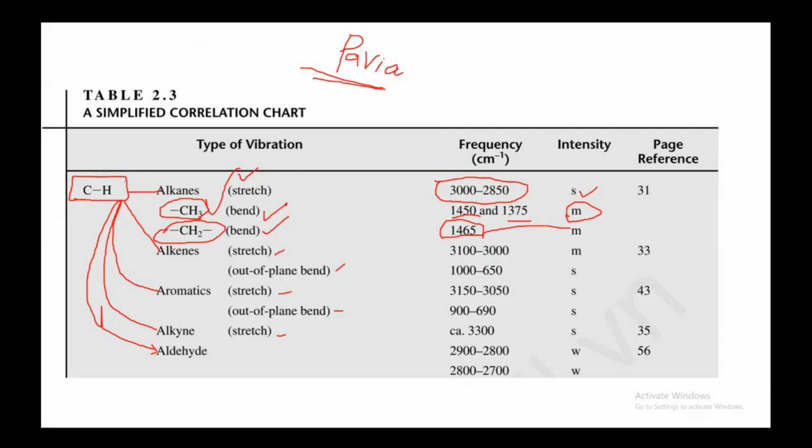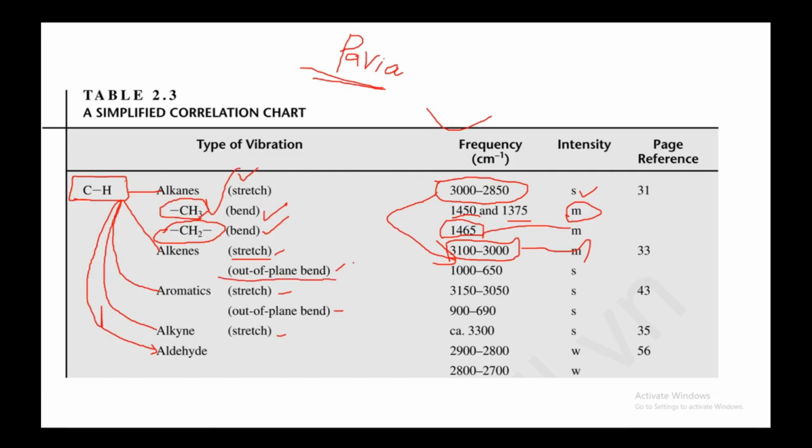You look for a stretching peak in the region from 3100 to 3000, and if the peak intensity is medium, then this is due to the CH bond present in alkenes. Note the difference between CH in alkanes and alkenes: for alkenes it appears slightly higher, at 3100, while for alkanes it appears slightly lower, at 3000.